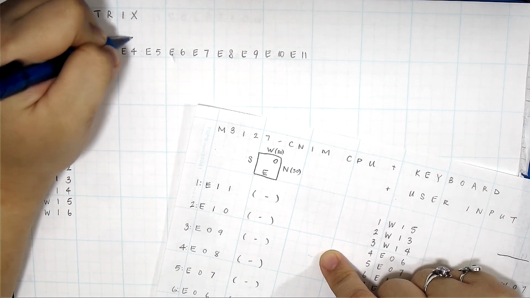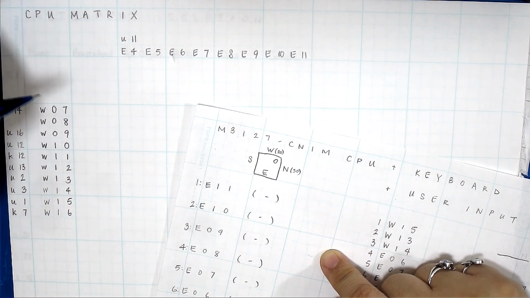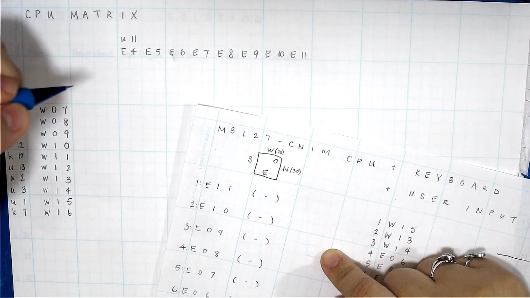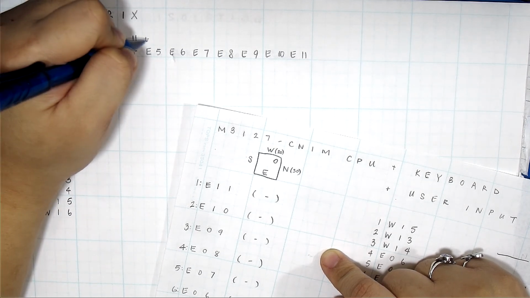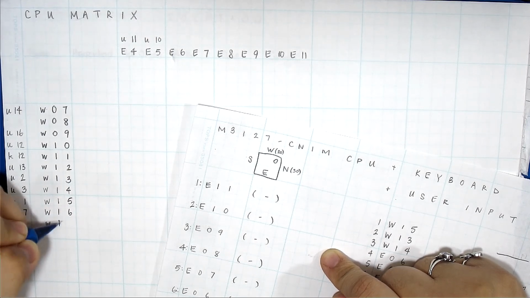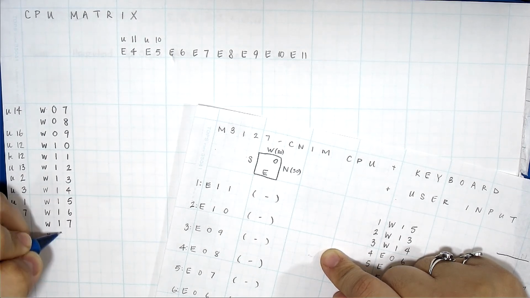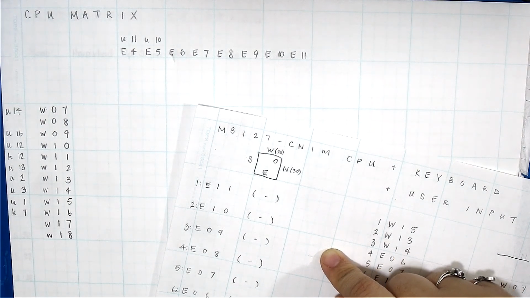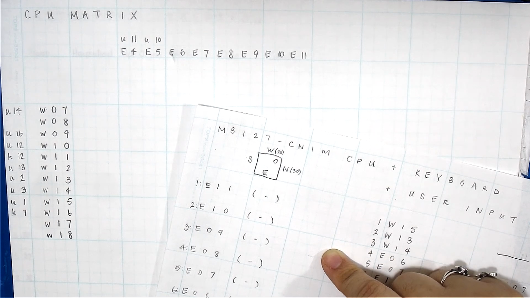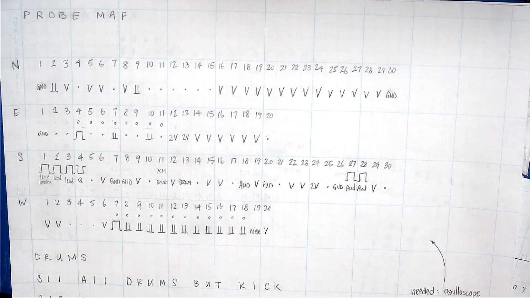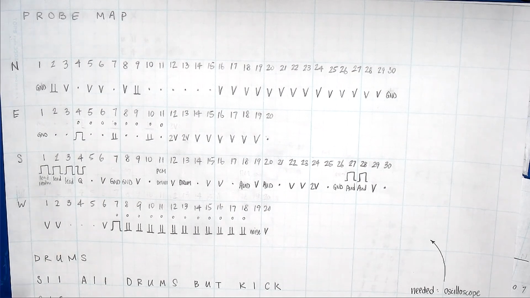We also found those 2 extra lines on the west side of the chip that look like part of the scanning matrix. So are we going to add those to the matrix? We can do that: West 17 and West 18, just to see if anything is there. If we look at the probe map that we did before, this is obviously a little more filled out.